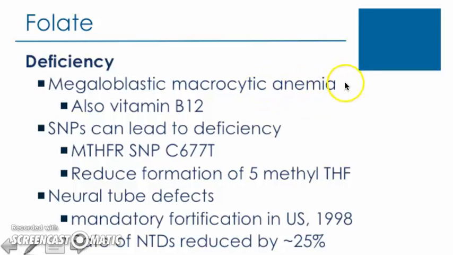So it's a certain type of anemia leading to larger red blood cells. Those with this single nucleotide polymorphism will be at increased risk. And we see that, interestingly, in the US, there was a mandatory fortification of folic acid to grains in 1998, and as a result, there's been reduced incidence of neural tube defects.